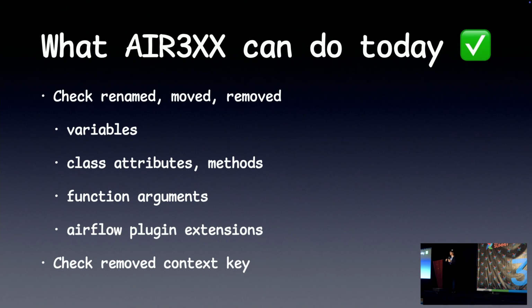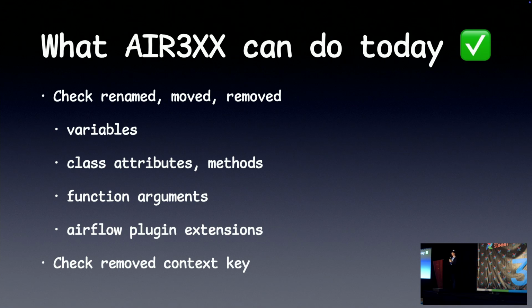Like if you implemented a listener, there's an on_dataset_changed, but it's now renamed as on_asset_changed. So Ruff will be able to warn you, hey, this method has been renamed and we can fix it for you. Also, function arguments. There used to be a schedule_interval in the DAG init method, but it's now renamed to schedule. So Ruff can fix that for you as well.